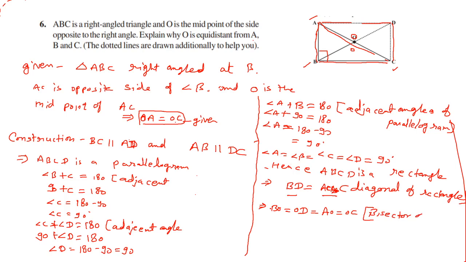Diagonals जब इक्वल हैं तो बाइसेक्टर भी इक्वल होंगे. इम्प्लाइज दैट BO बराबर OD बराबर AO बराबर OC.